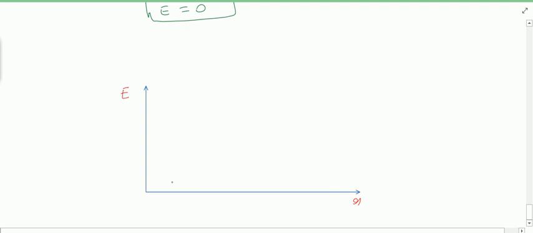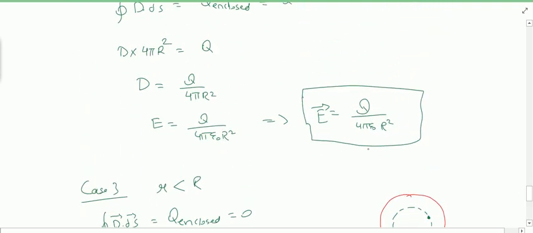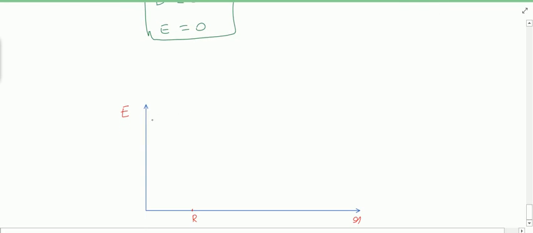Up to capital R, when small r becomes capital R, up to that value the electric field is 0. I mean when r is just less than capital R. At the surface, in case 2, what we have found is the electric field q by 4 pi epsilon naught R square.